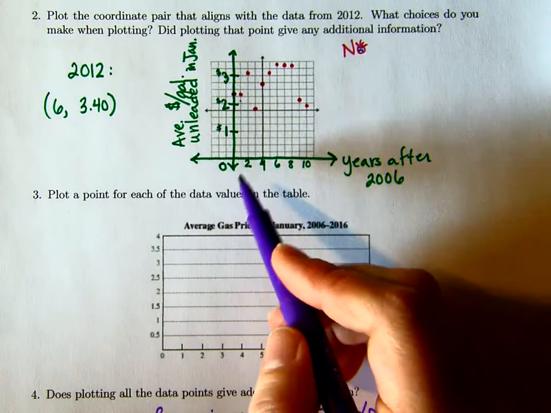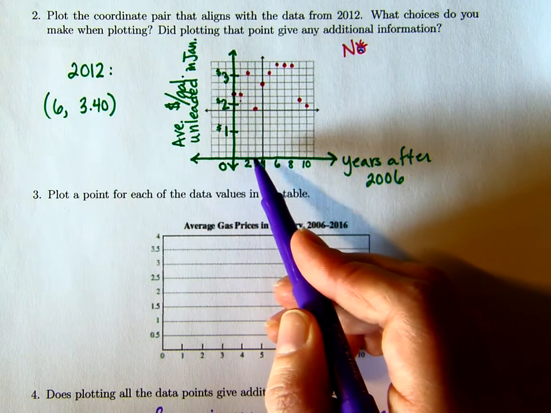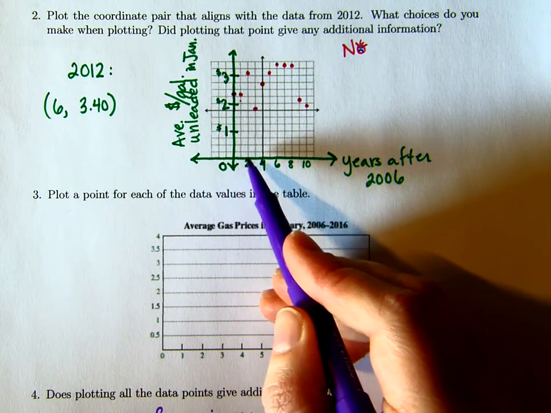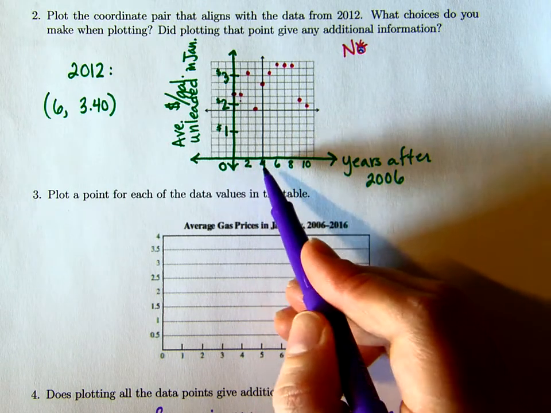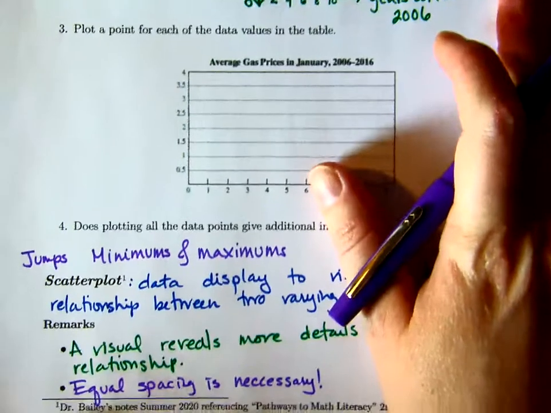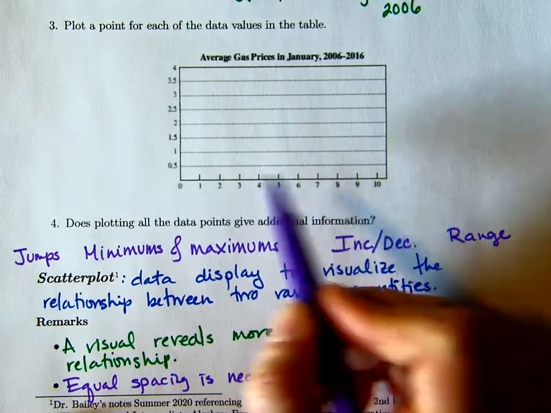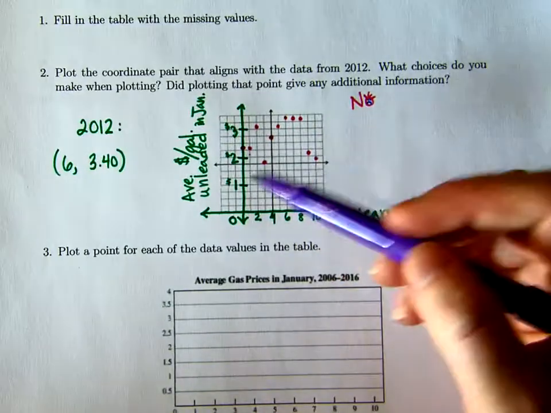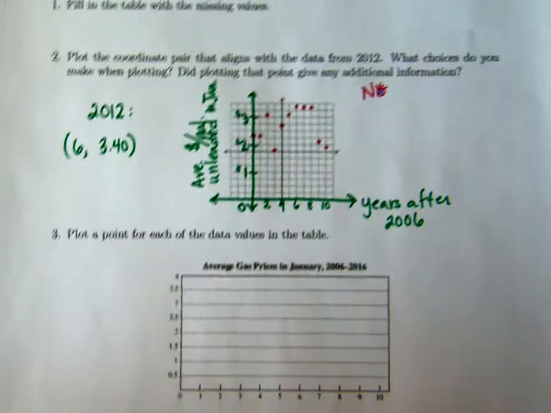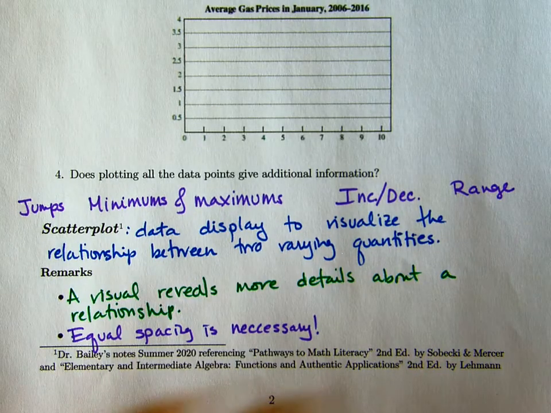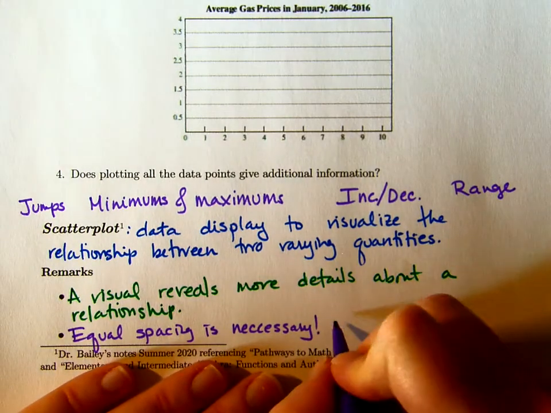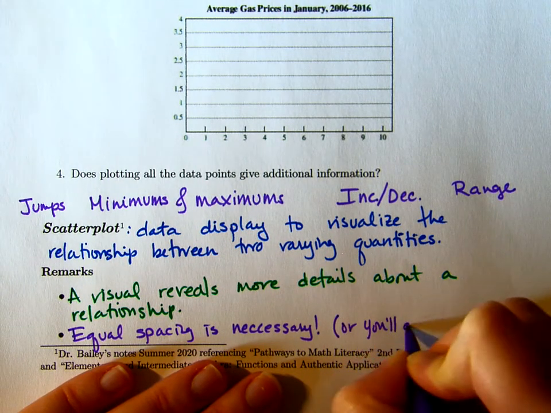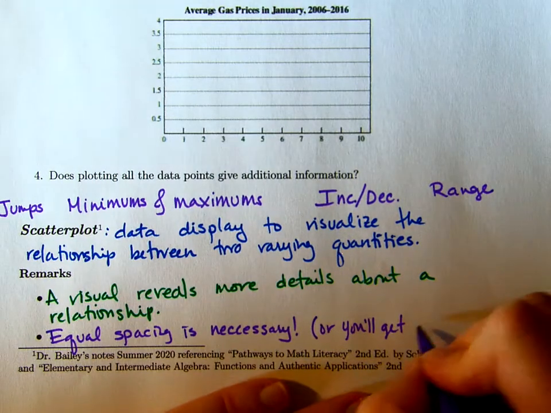Up here, I counted by ones: 1, 2, 3, 4, no hopping, even between 0 and this first one, no hopping from immediately to 2 or 3. No can do. And the book did the same thing. Notice the equal spacing. They went by 50 cents here, whereas I went by quarters here, but still, equal spacing is necessary or you'll get a skewed image.